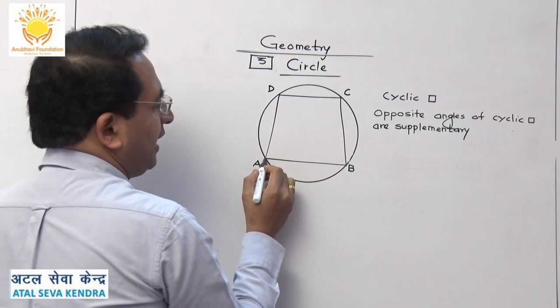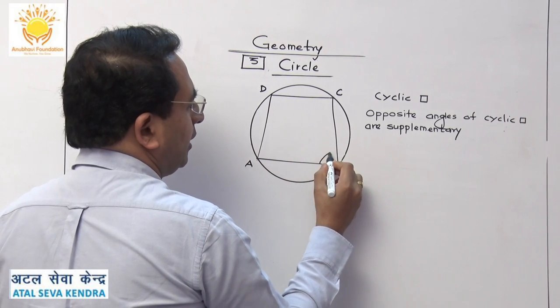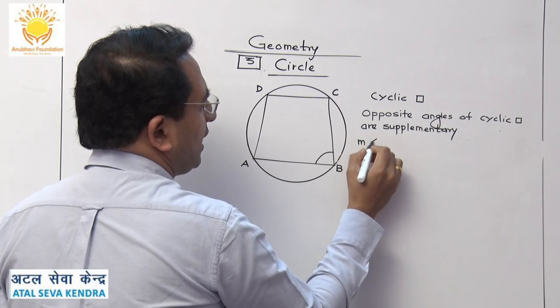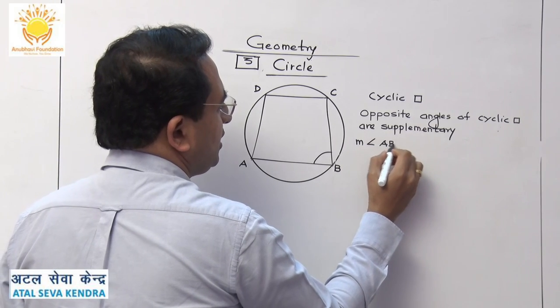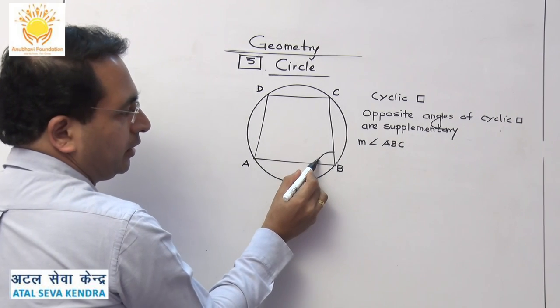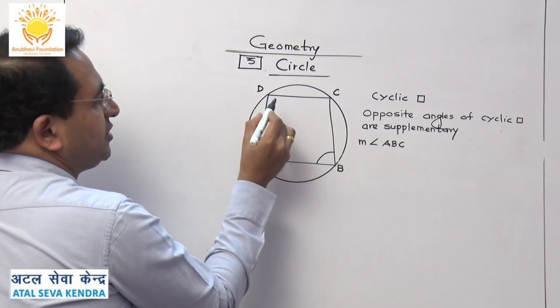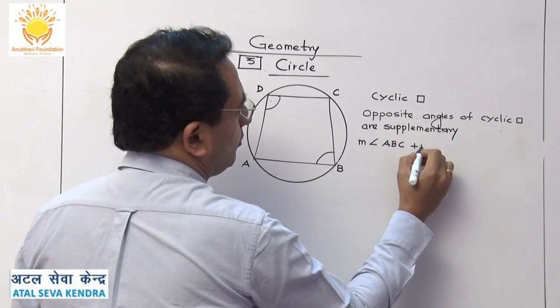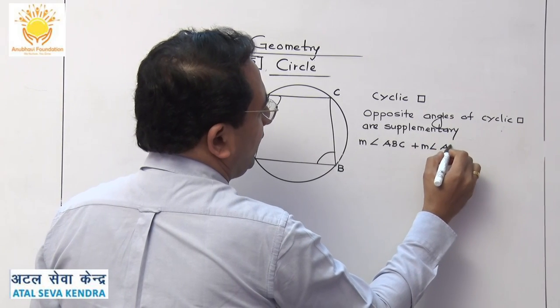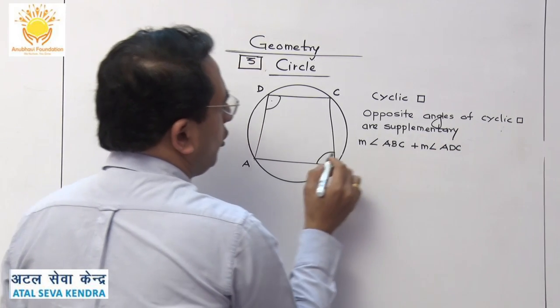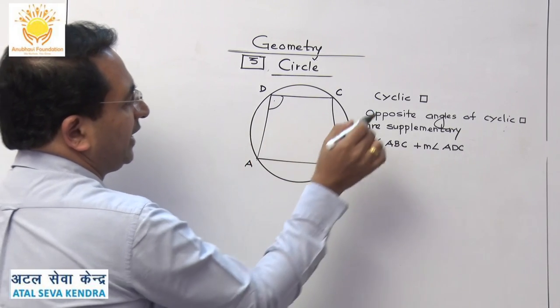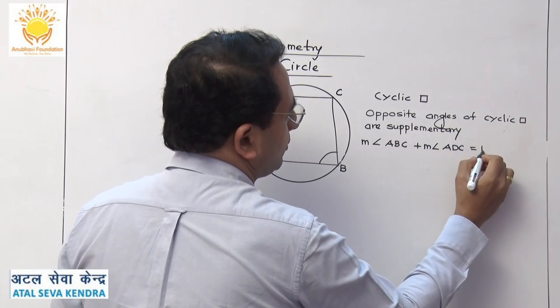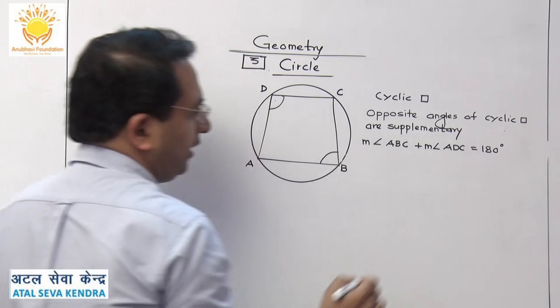Now what do you mean by that? This angle, major angle ABC, is one angle. Now the angle opposite to it is this. So we have to write: major angle ADC; they are opposite angles of a cyclic quadrilateral and they are supplementary, which means the addition is 180.